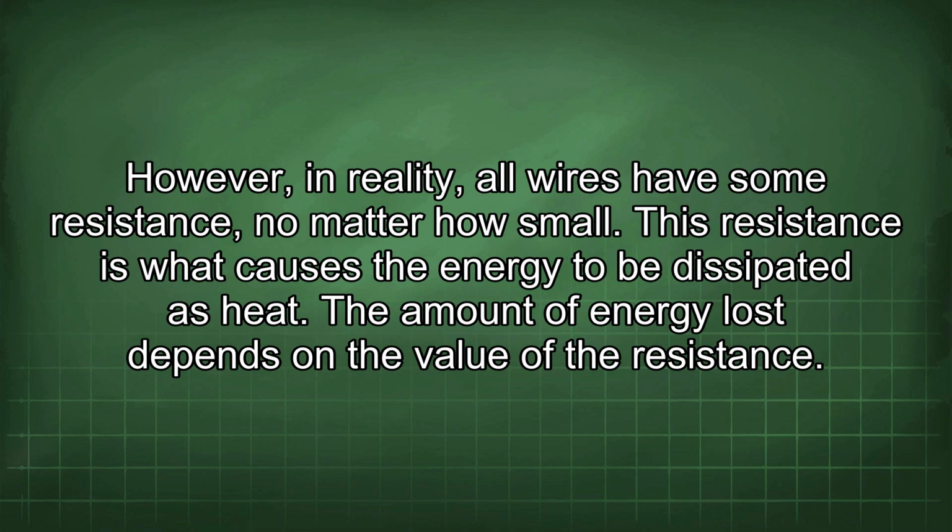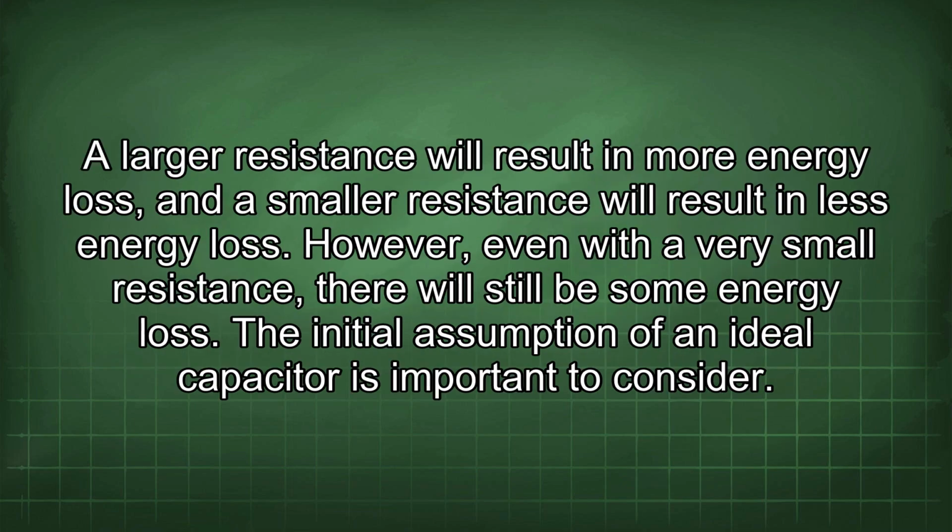This resistance is what causes the energy to be dissipated as heat. The amount of energy lost depends on the value of the resistance. A larger resistance will result in more energy loss, and a smaller resistance will result in less energy loss. However, even with a very small resistance, there will still be some energy loss.